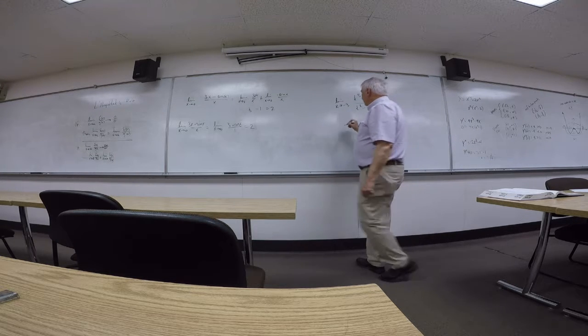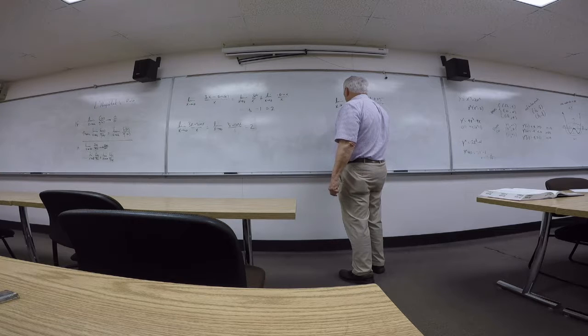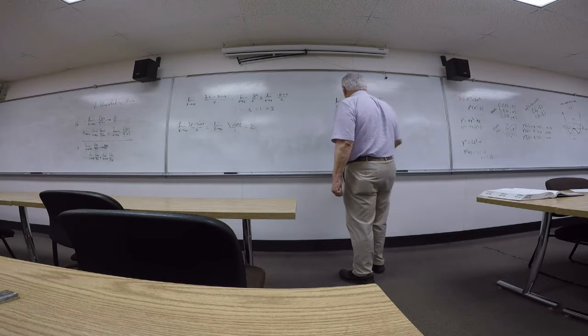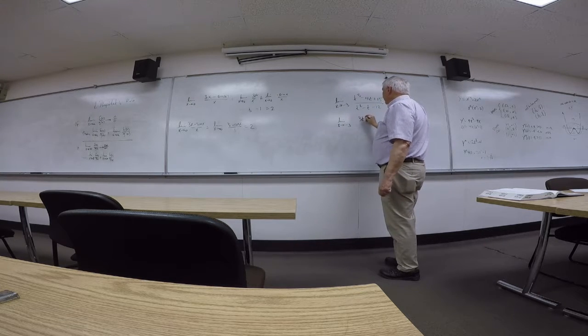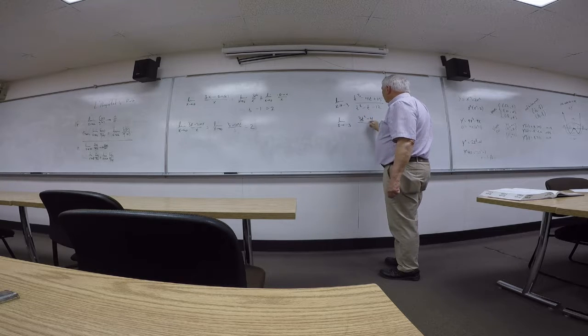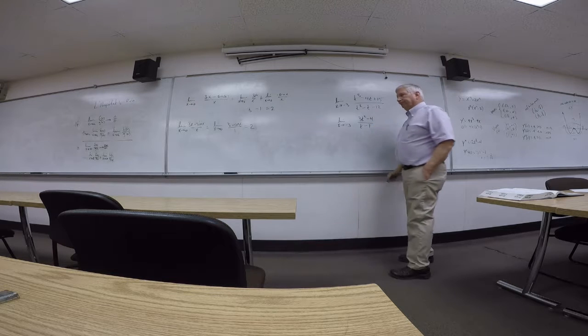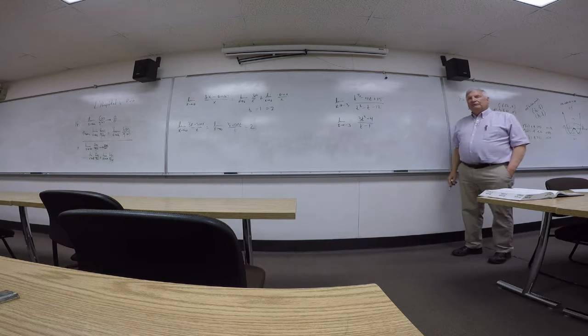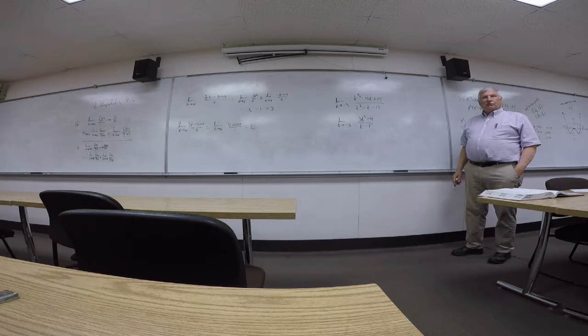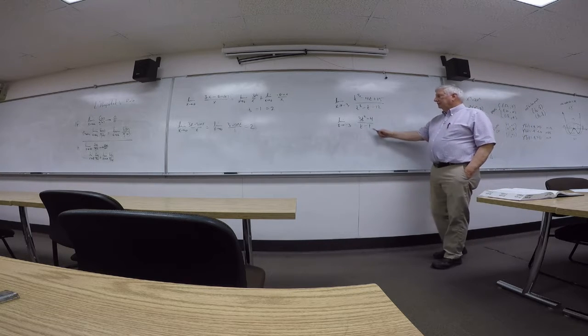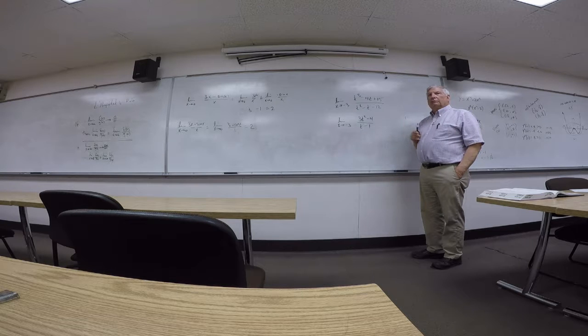We will get the same limit. Limit as x approaches negative 3 of 3t squared minus 4 over 2t minus 1. Now by direct substitution, we don't have an issue. 27 minus 4, 23. Negative 3, subtract 1, negative 4.